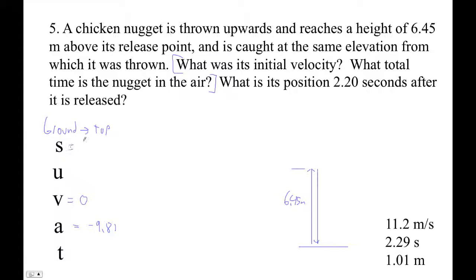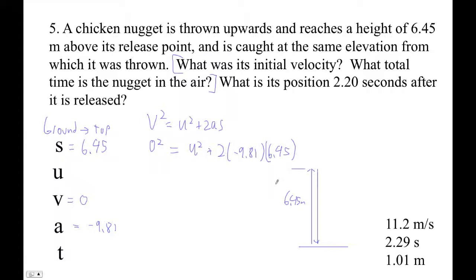And then our displacement is 6.45. Now I think I'll use no t to find u. So 0 squared is u squared plus 2 times negative 9.81 times 6.45.